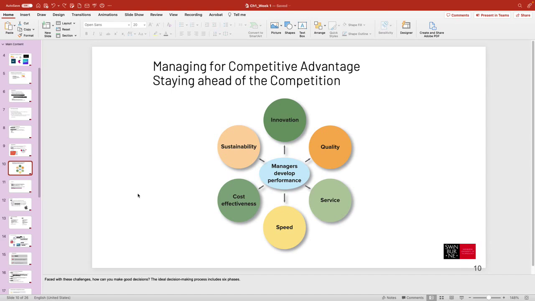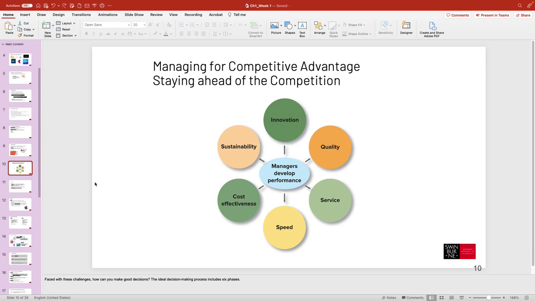So these are the six sources of competitive advantage, or the drivers of competitive advantage. Managers or organizations really need to think about all of these things. Perhaps some organizations are focusing on one or two of these things, but it's always better to think about all of them, because if you want to broaden your customer base, plus if you want to grow globally, sometimes different countries, different organizations, different customers have different values.